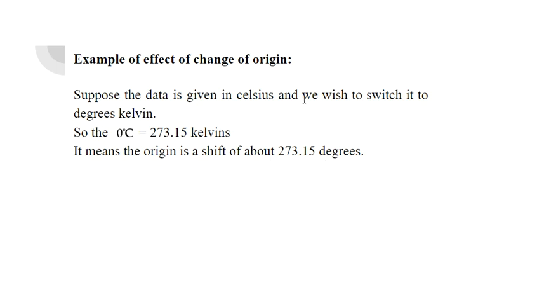A change of origin would be if you started counting or measuring at a different point. Here our initial point is 0. Since 0 degree Celsius is nothing but 273.15, it means we have shifted our origin by 273.15. Generally we consider the origin as the 0 on the line.